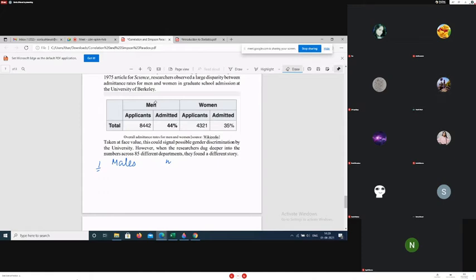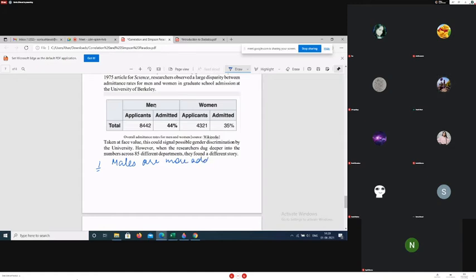So we can say roughly that the female members are being selected more. 4,321 is not a very huge amount, but 35% of women candidates are being selected, while out of 8,442 male applicants, only 44% are admitted.